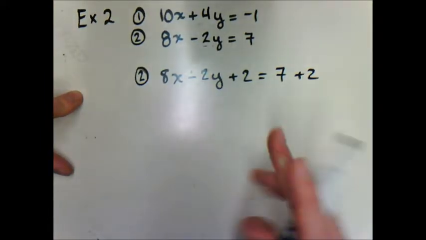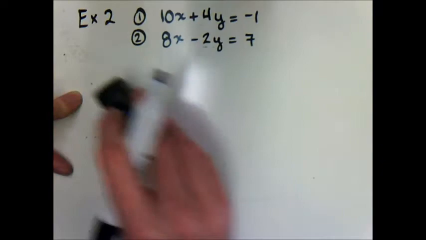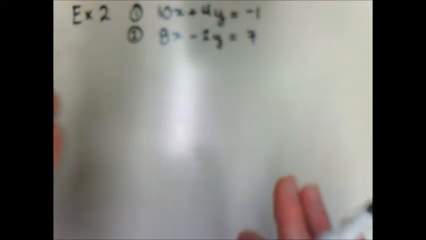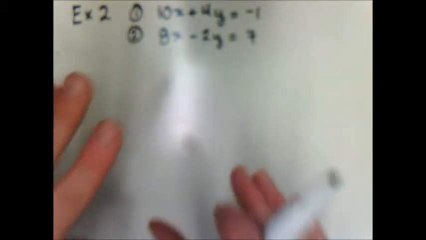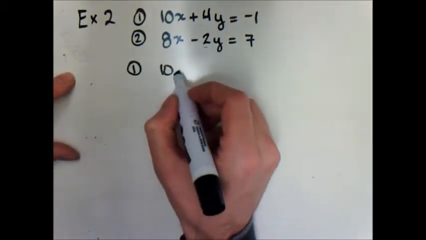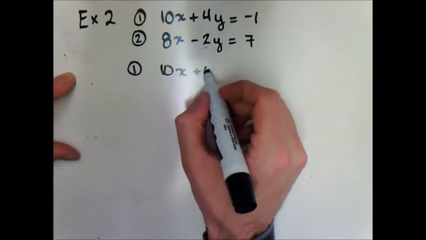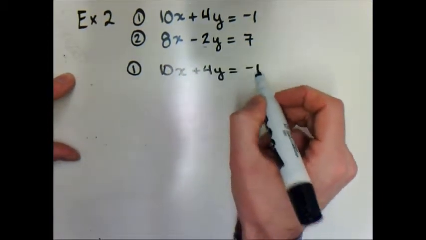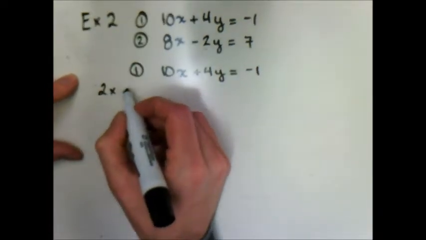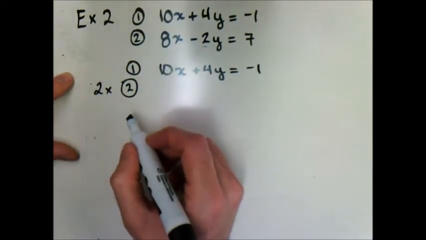Okay. So here's what's going to happen. I'm going to teach you how to do it. Here we go. So we're going to rewrite equation 1. Equation 1 is still going to be 10x plus 4y equals negative 1. But I'm going to multiply equation 2 by 2.